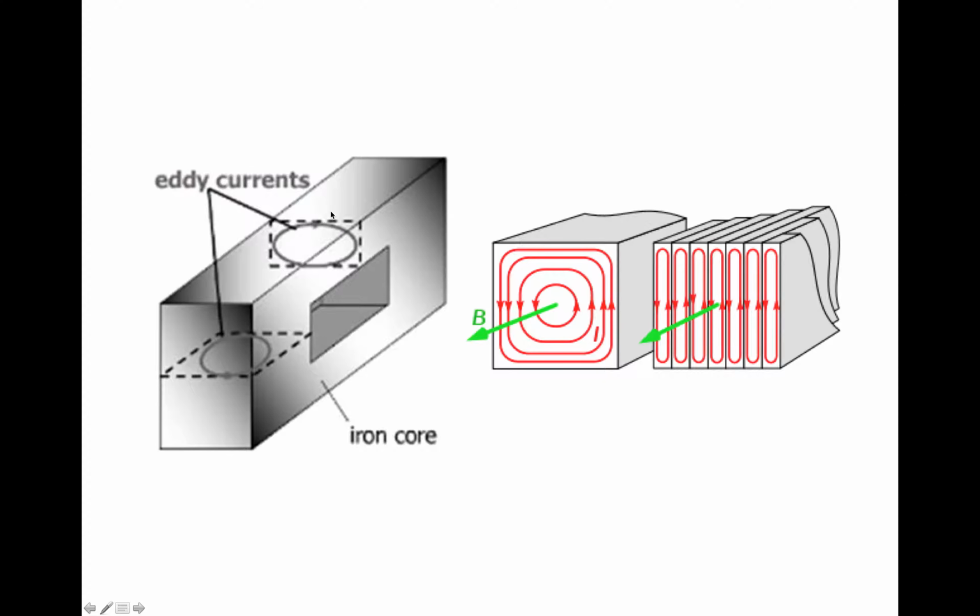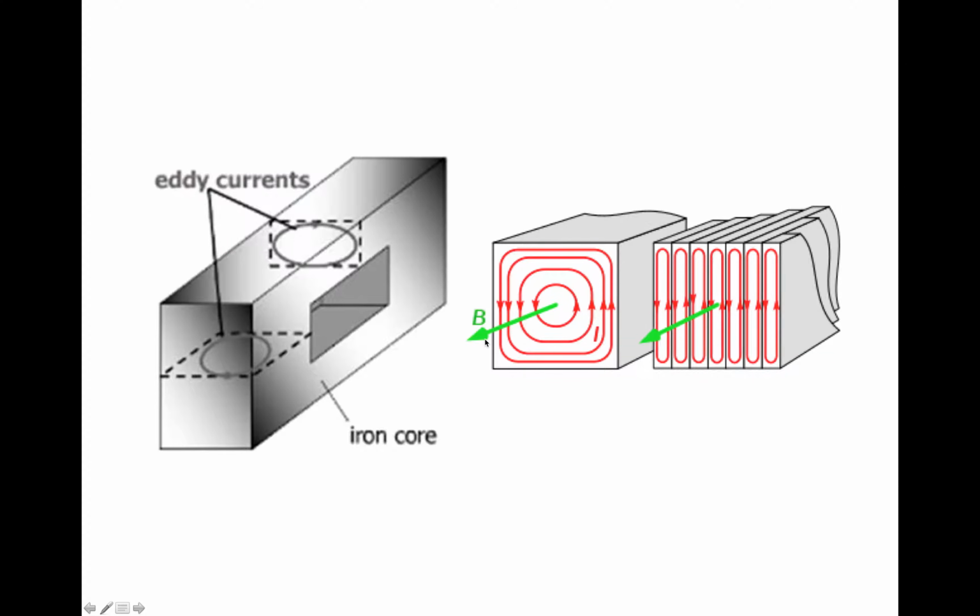And then if we take a look at this vertical cross-section, if we take a cutout view of the vertical cross-section, suppose the magnetic flux goes along this green arrow, that's B, the flux density.